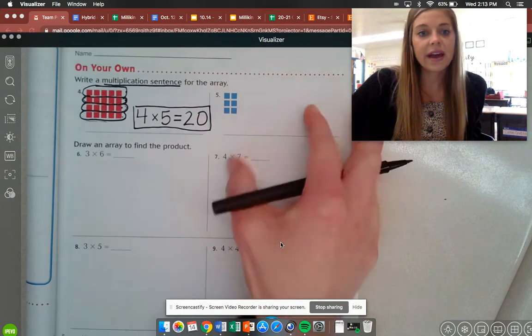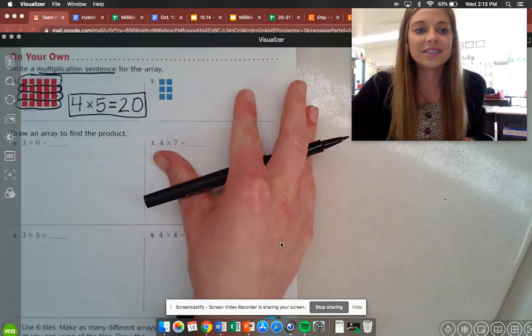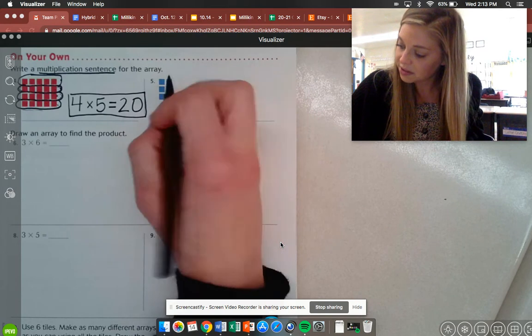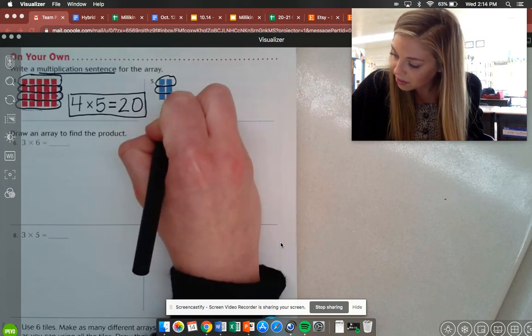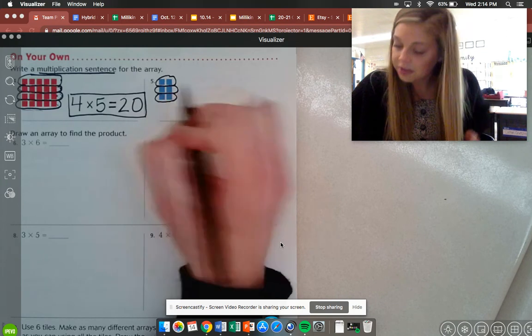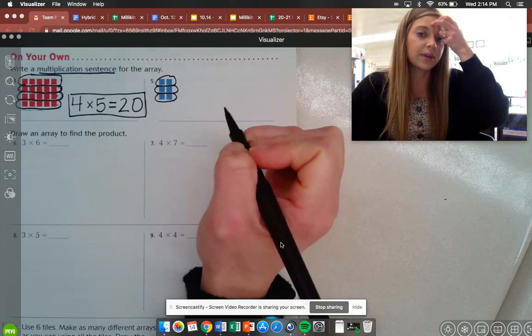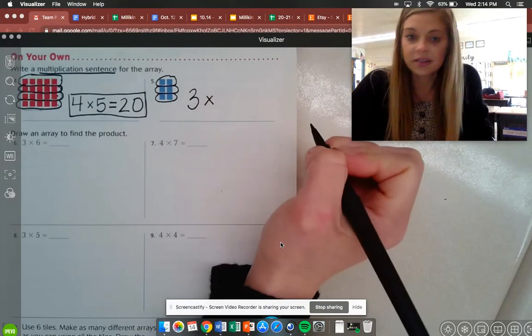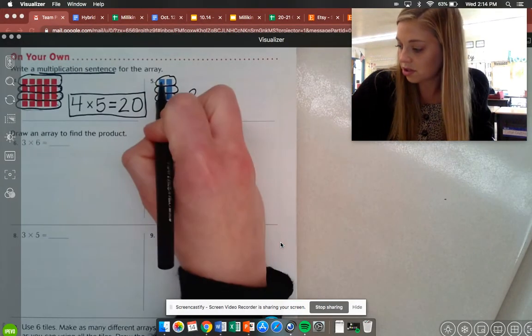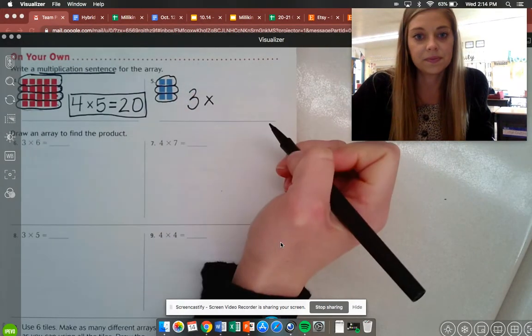All right, number 5. This one is a little tiny array. I'm still going to draw my rows though. I'm going to circle them. Looks like I have 3 rows, so I have 3 groups of 2. There's 2 in each group.